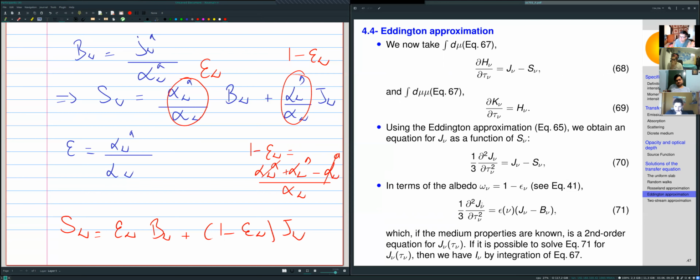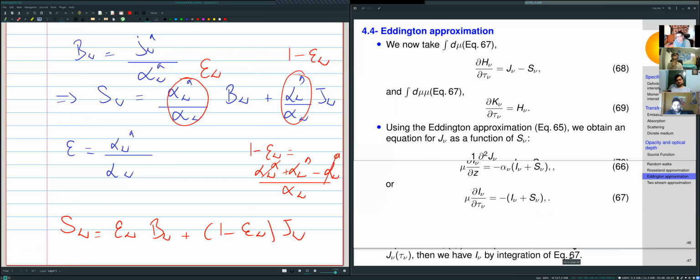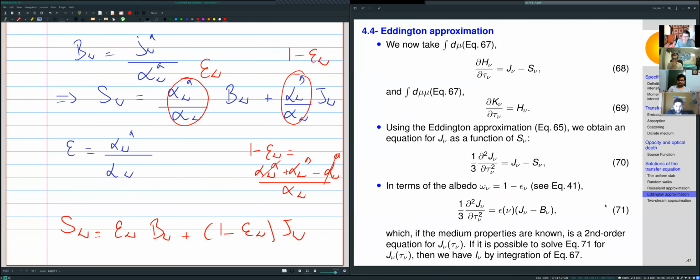Then from J nu, we need to get the specific intensity field, which is what we really want, and that requires solving the radiative transfer equation again, but this time we have the source function because we have J nu. So, two differential equations here.